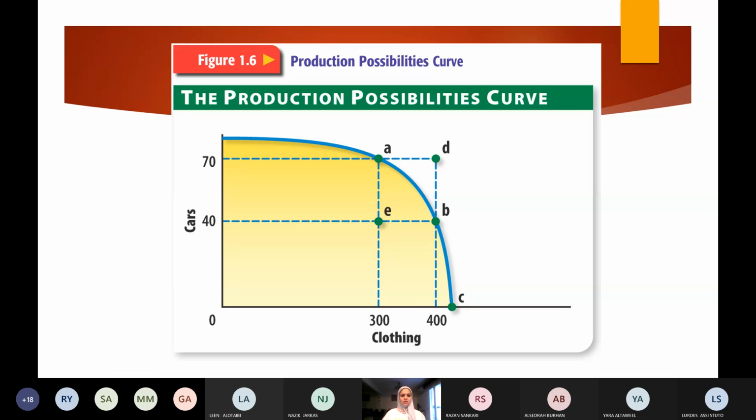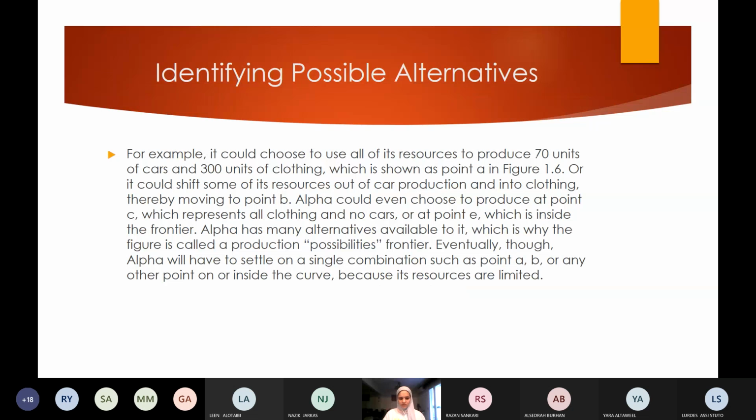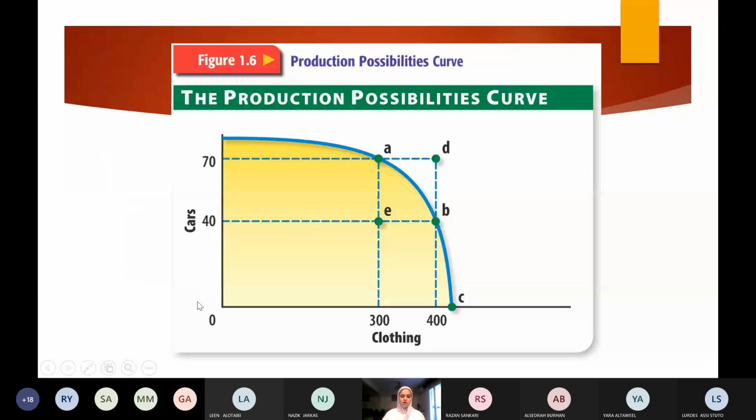Here he says, in the example, if you use all the resources to produce 70 units of cars. Here, I am a factory. I paid everything to produce 70 cars a year. So I am a company.